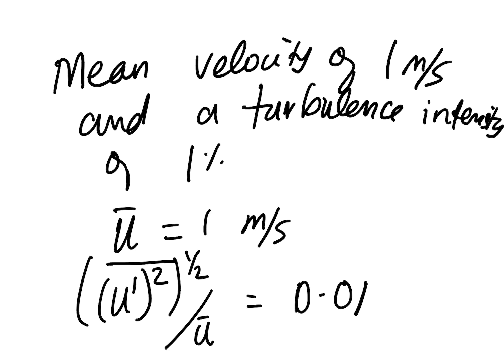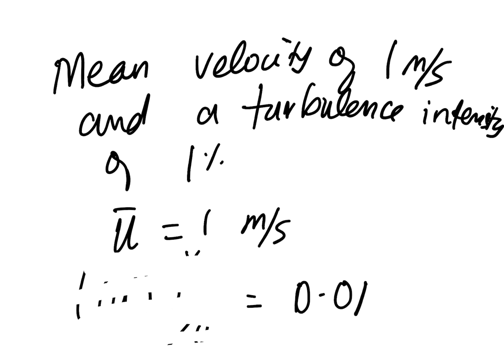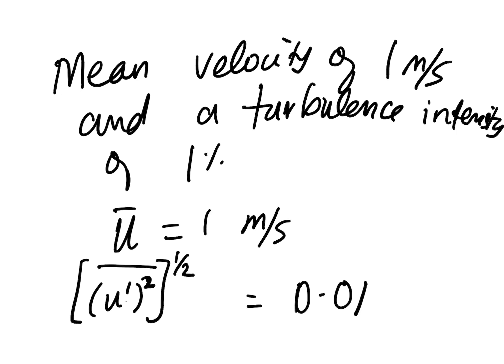That's the meaning of that statement, turbulence intensity of 1%. Let me just rewrite this a little so that there is no confusion: the average of u dash squared, and the square root of that divided by the average velocity. That would be 0.01.